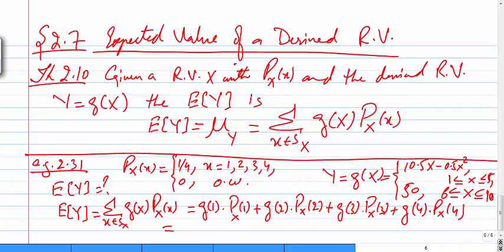Now just put in the values. For g(1), we have to put 1 into this relation, and then 1 also here, so when we solve it, it becomes 10 actually. p_X(1) is 1/4, so 10 times 1/4, plus when we put 2 here, it becomes 19, so this becomes 19 times 1/4, plus when we put 3 here, it becomes 27 times 1/4, plus when I put 4 here, 4 will also fall in this range.